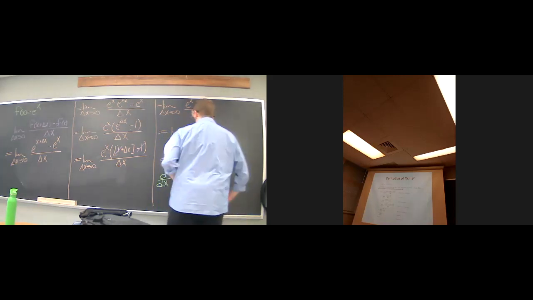So d dx of our function is equal to e to the x. In other words, the derivative of e to the x is itself.